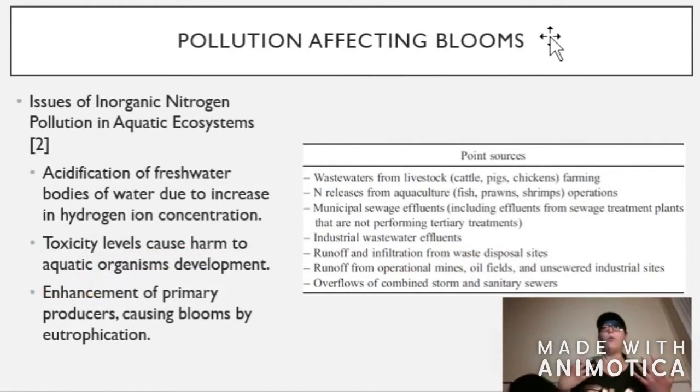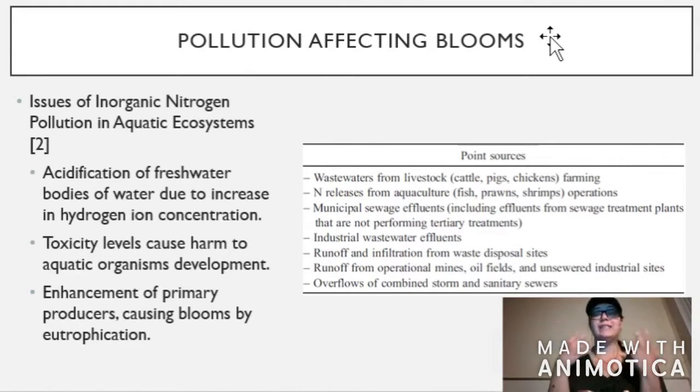Now, why are these blooms so harmful? Because P. minimum is actually a natural primary producer, it's not their fault that they're causing such harmful effects on our oceans. What's causing these blooms to be so harmful is actually pollution. It's our doing. Pollution is due to a lot of inorganic nitrogen affecting our waters, results in acidification of fresh waters due to hydrogen ions being concentrated in those areas.